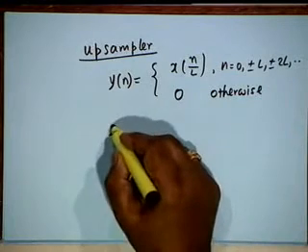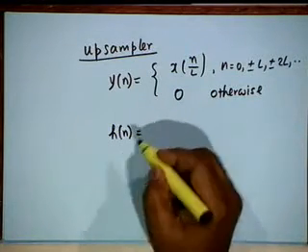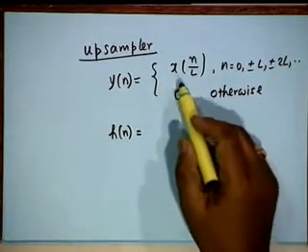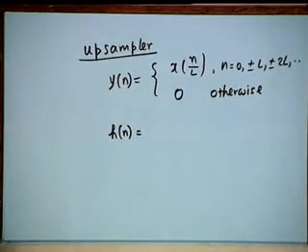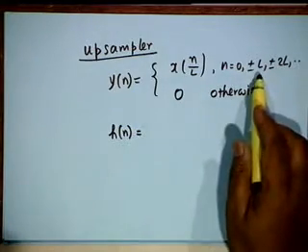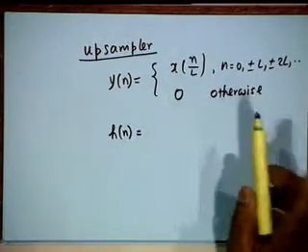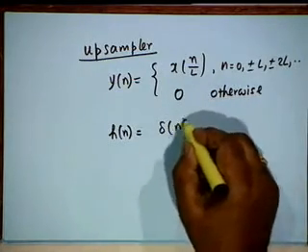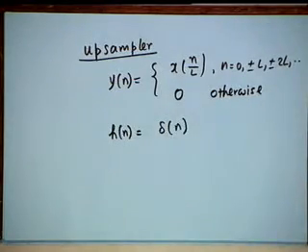So its h of n would be simply equal to, yes, put x equal to delta here, delta of n by L exists only for n equal to 0. N equal to plus minus L would make delta of plus minus 1, which is 0, and therefore this is simply equal to delta n. H of n is simply equal to delta n.